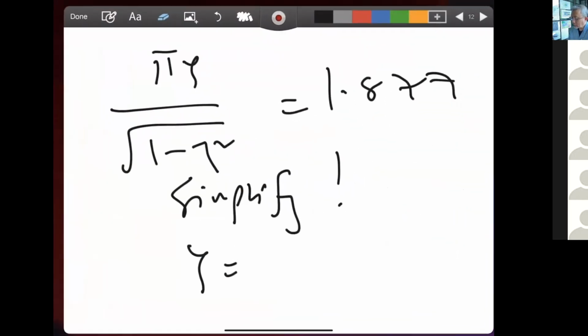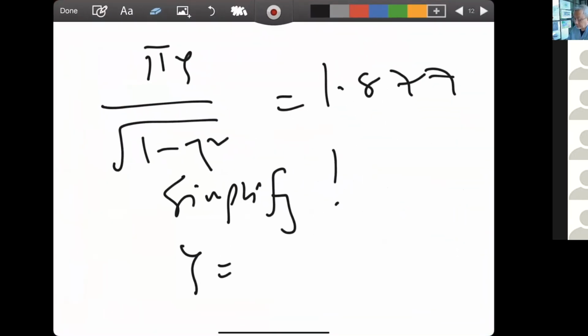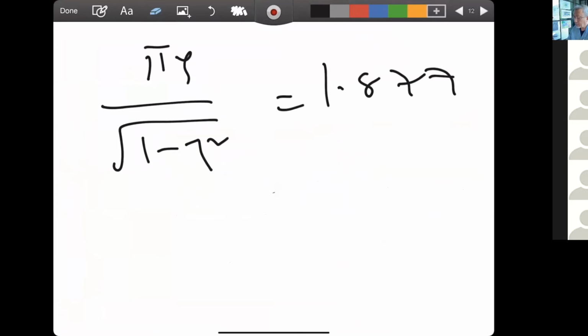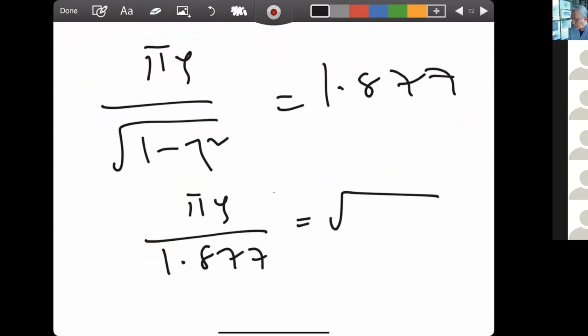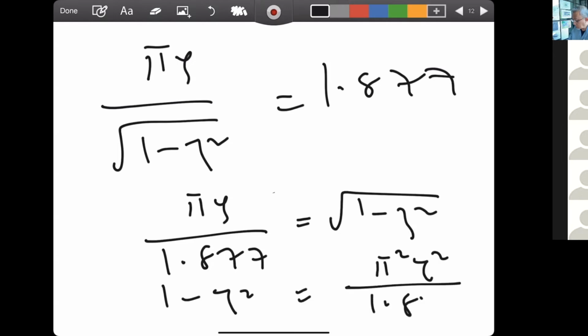Tahu tak? Macam mana nak buat? Simplify. Okay, so caranya adalah macam inilah. Pi zeta over square root 1 minus zeta square sama dengan 1.877. Kita kuasa duakan: pi kuasa 2 zeta kuasa 2 sama dengan 1.877 kuasa 2 darab 1 minus zeta square. Betul?